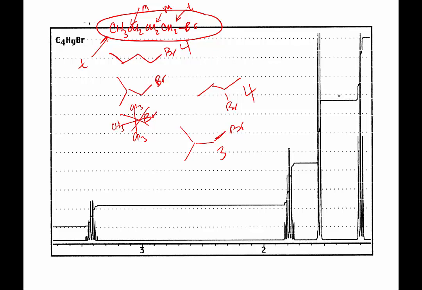And then, how do I put those pieces together? This is a multiplet, it's in between two groups. The next one's a multiplet, it's in between two groups. The first methyl group is a doublet, it's attached to the CH. What CH? This one. The CH3 at the end is the triplet. What's it next to? The CH2. So if you use all three fundamental things, you can put the structure together.